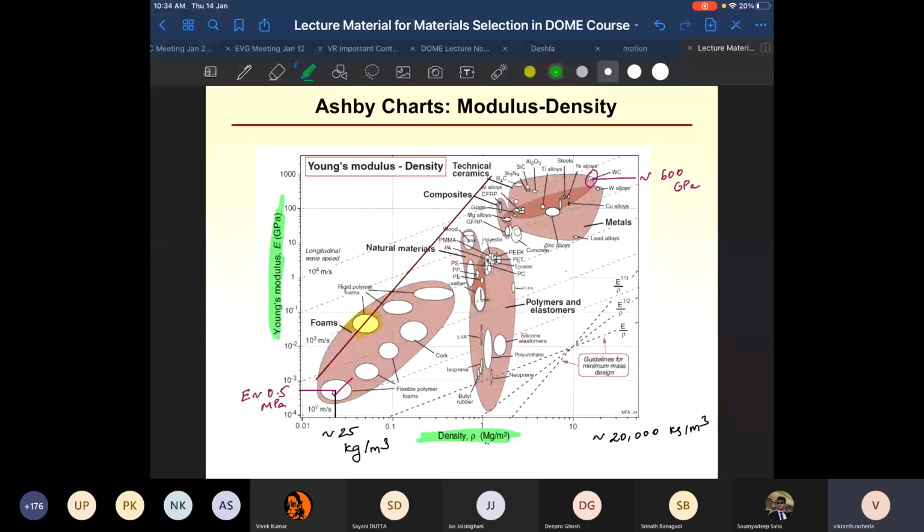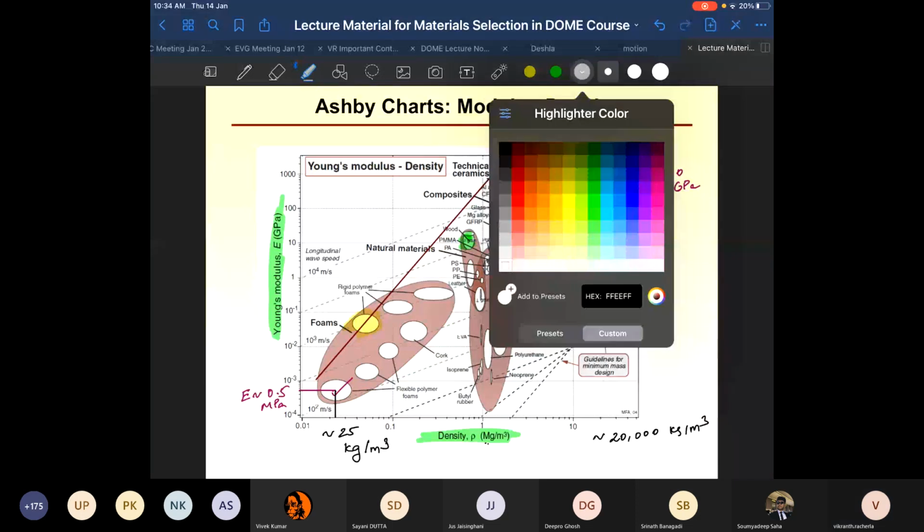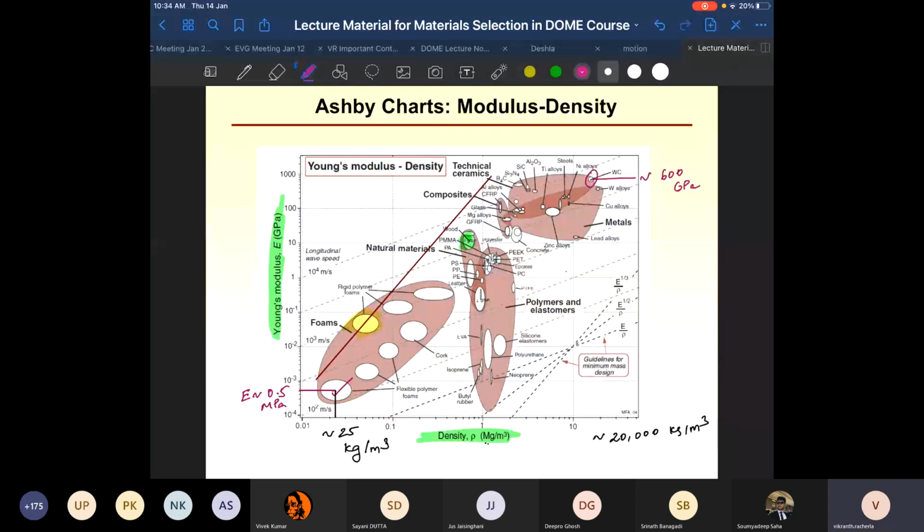Next, I am going to consider wood, and last I'm going to consider steels. Now tell me, amongst the three of them, rigid foam, wood, and steel, which would be a better choice for panels from weight reduction perspective, for a given stiffness?